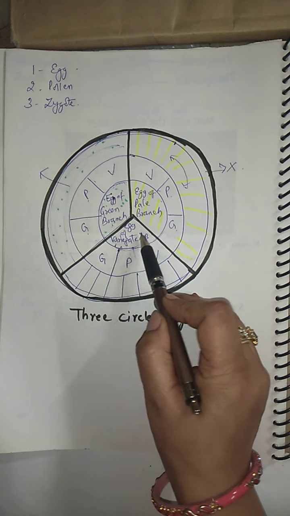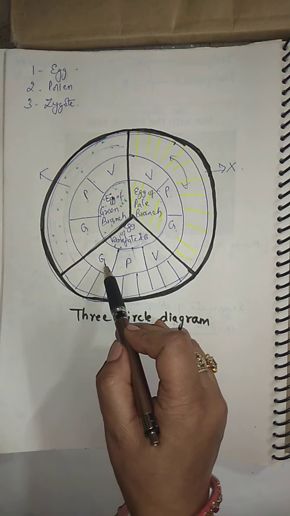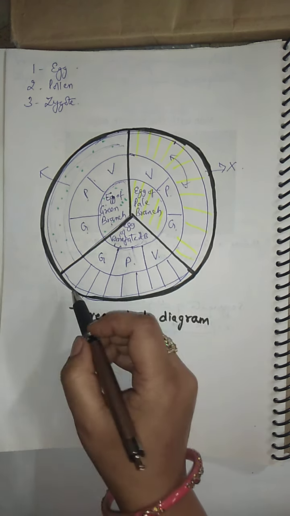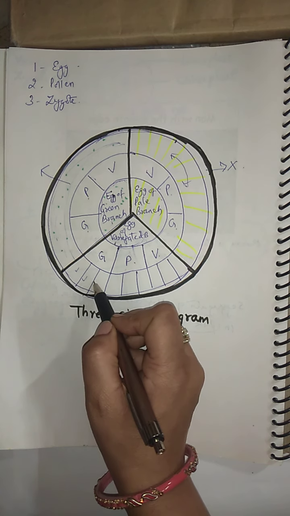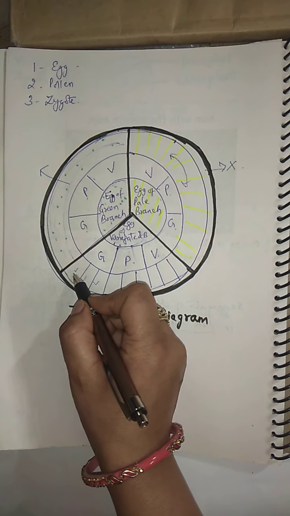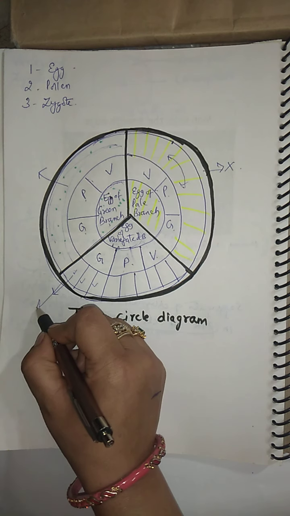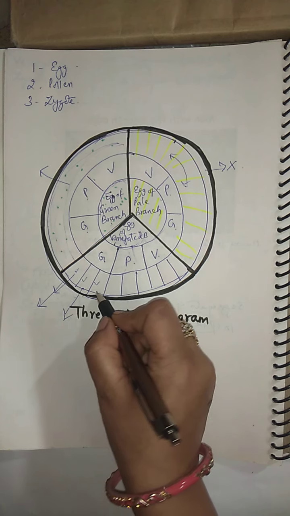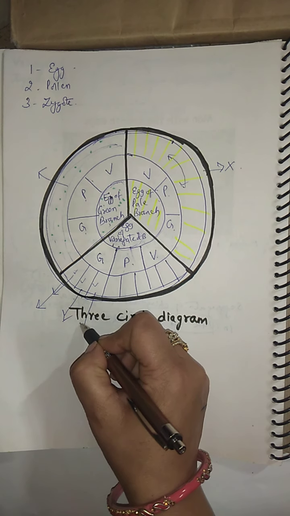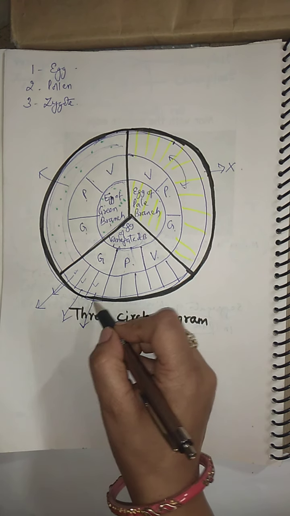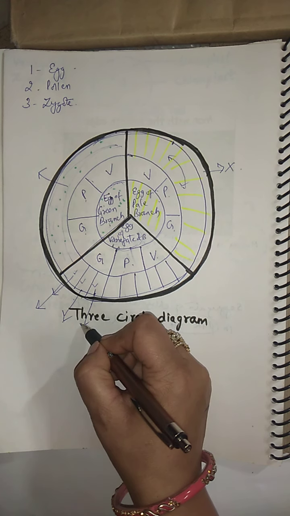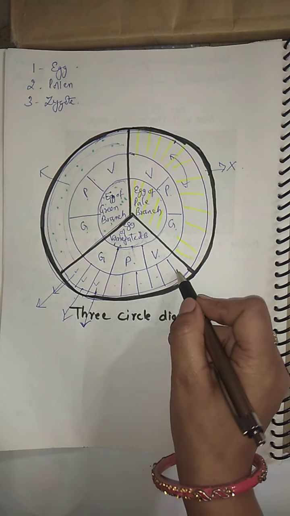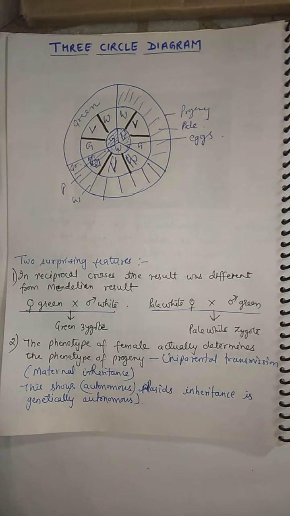If an egg of a variegated branch is fertilized with pollen of a green, pale or variegated branch, it will form three types of zygotes: one with chloroplasts forming green branches, one with leucoplasts forming pale branches, and one with chloroplasts plus leucoplasts forming variegated plants. Similarly, here three types of plants will be formed.